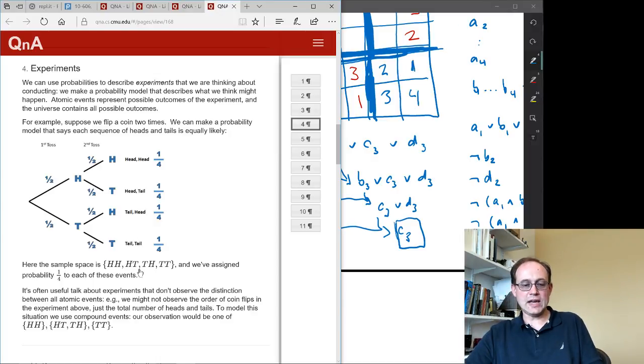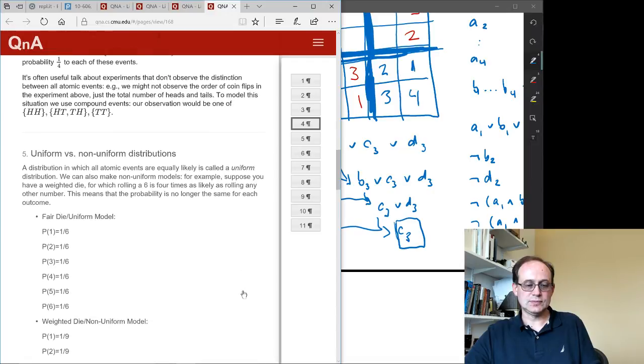If we only count the total number of heads, that corresponds to an experiment that splits our sample space into 2 heads, 2 tails, and 1 head and 1 tail. And the 1 head and 1 tail option has 2 possible atomic events in it. So anytime that you're describing probabilities, it's important to think about what is our universe, what's our sample space, and what is the experiment we're doing, meaning what events might we observe within our sample space.